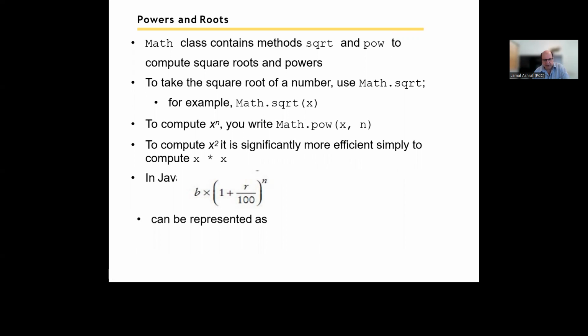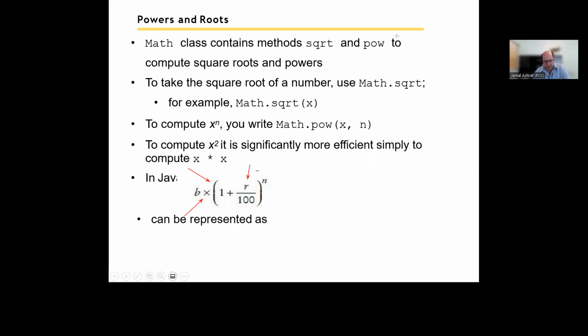Okay, so let's think about this for a second. We have b times 1 plus r over 100 to the power of n. How can we do this? We know we have pow for the power. We know we have division for r. What about the parentheses? What about this multiplication?